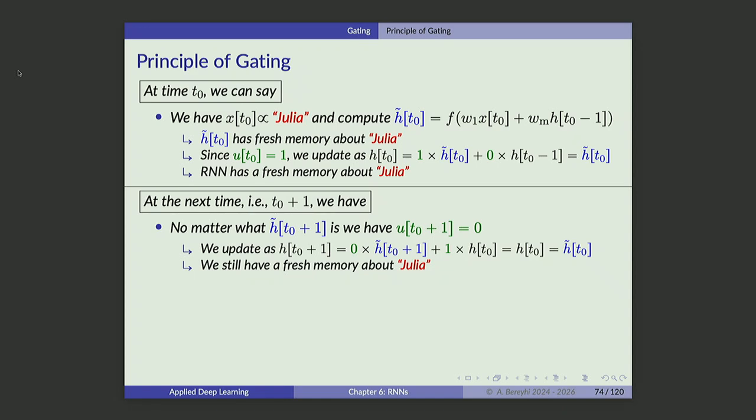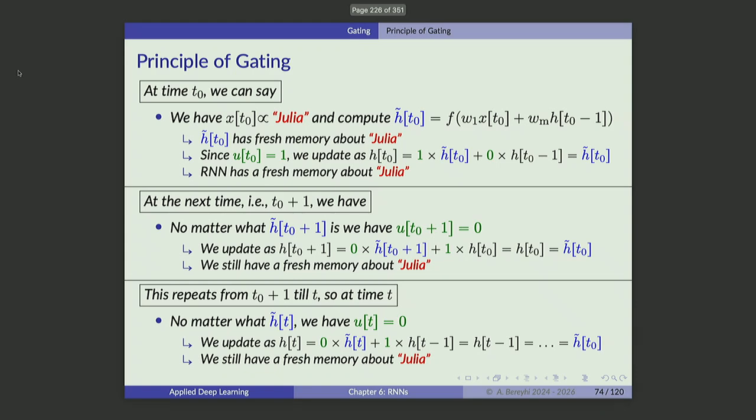But if I have my u to be 0 at the next time, then the memory that I am going to carry at the next time is going to be exactly the memory that I had in the previous time, which is exactly the one computed directly from Julia. So if I have u_t every single next time to be 0, this means that I computed the memory on Julia and then I copied it every single time after.